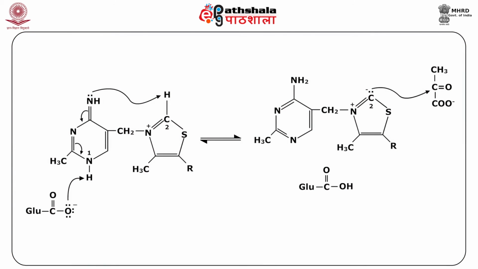As shown in the diagram drawn here, a glutamate carboxyl group in the enzyme attracts a proton linked to the N1 of the pyrimidine, which in turn increases the basicity of the amino group, thus facilitating the deprotonation of C2 of the thiazole ring.